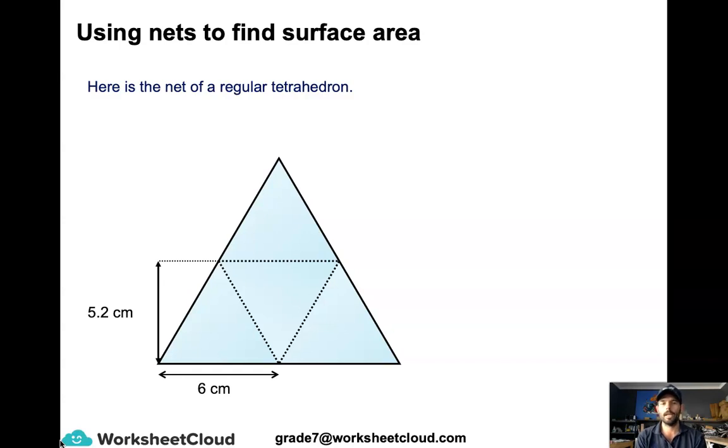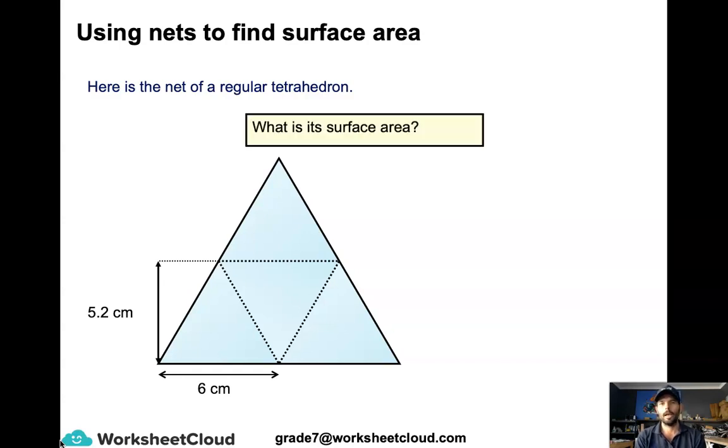But the net of a tetrahedron is made up of triangles, and we know that the area of each triangular face is going to be half base times height, or base times height divided by 2. Now we just need to work out what is the height of each triangle, and they've already indicated that to you in the diagram. So the base of a triangle is 6, the height of the triangle is 5.2.